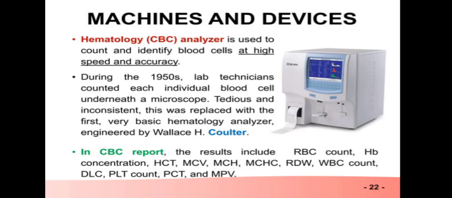In the CBC report, the results include RBC count, hemoglobin concentration, HCT, MCV, MCH, MCHC, RDW, WBC count, DLC, platelet count, PCT, packed cell volume, and MPV. So these tests are performed in this analyzer.